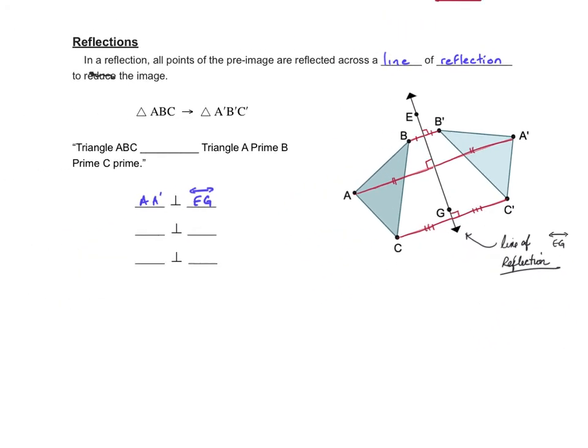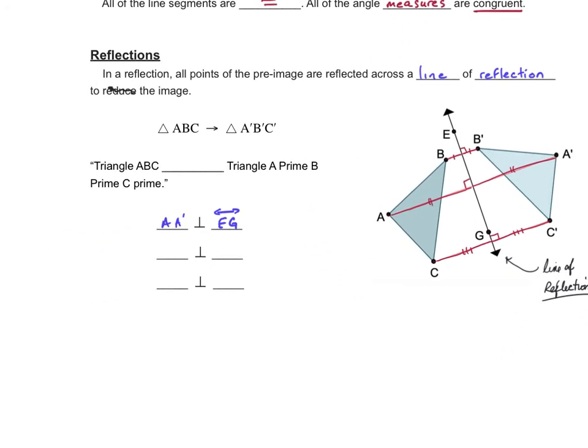So if we come over here, how does this read? It reads triangle ABC maps to triangle A prime, B prime, C prime.